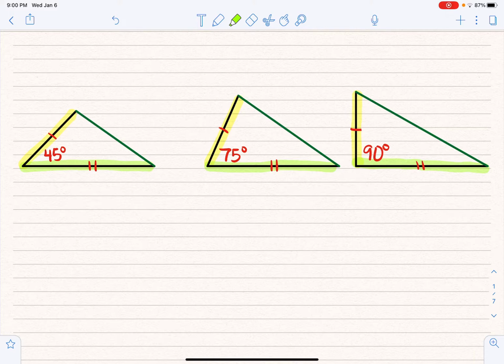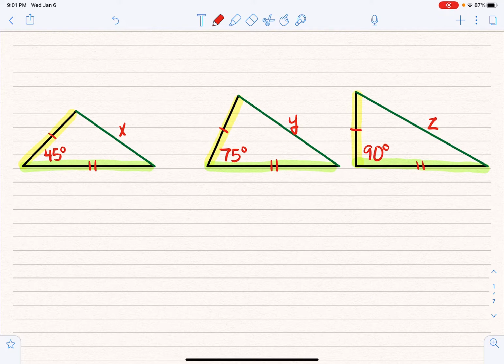And clearly, the one thing that is different is the size of that included angle. In the first one, it's 45 degrees, the next one it's 75 degrees, and in the last one it's 90 degrees. Our job is to see how that affects this other side that I've colored green. How is X different from Y and different from Z?